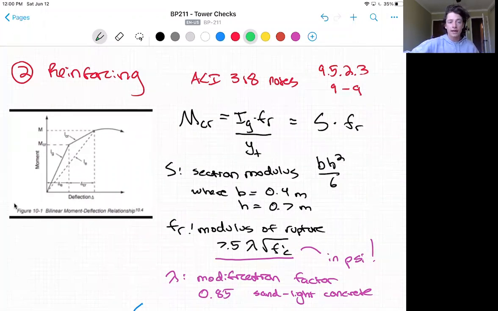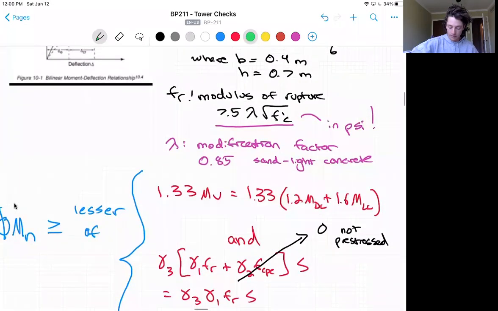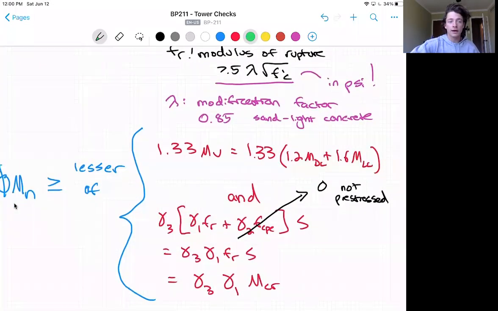After calculating the cracking moment, we will use that to make sure our minimum reinforcing is adequate to avoid cracking due to tension in the beam. To do this, we will compare our design strength. Remember from above, this is just 0.9 multiplied by our moment capacity, with our cracking moment we just calculated and the required strength, which from above is the load combination.